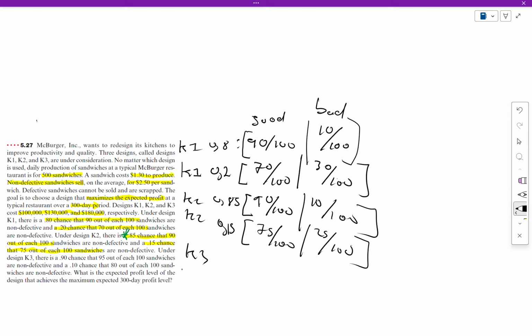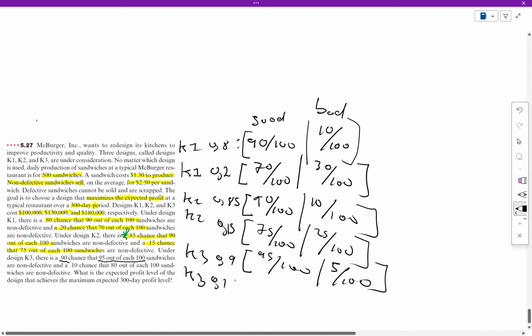And K3 is 0.9 and 0.1. Then each probability has chances of 95 over 100 good, and the bad is 5 over 100.